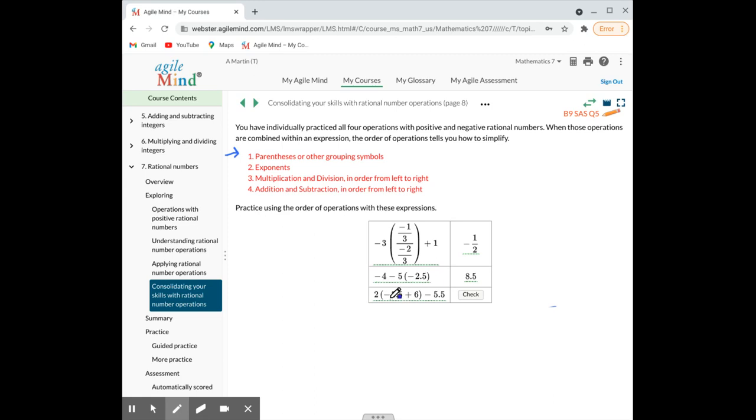So if we're at -3.5 and we move 6 units to the right, where would we be? Or if we were at 6 and we took 3.5 steps back, where would we be? 3.5. Say it again. 3.5. All right. I want you to think about a number line.